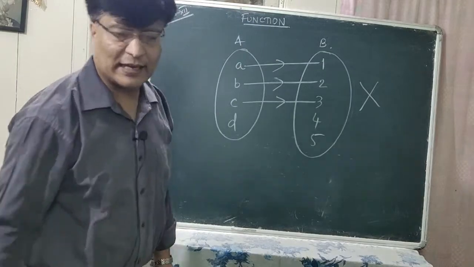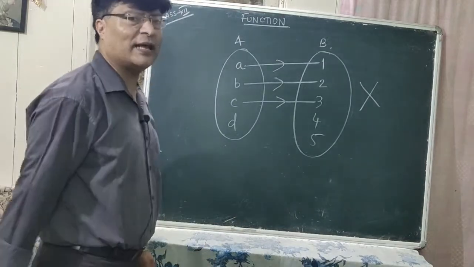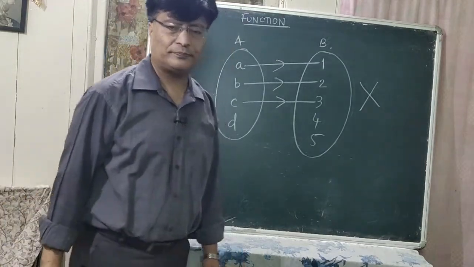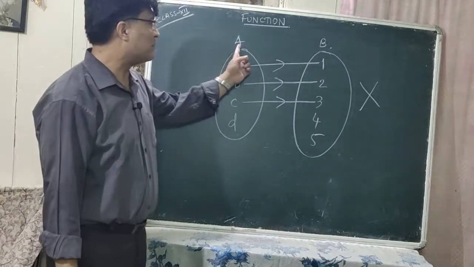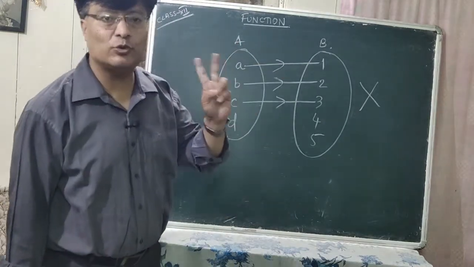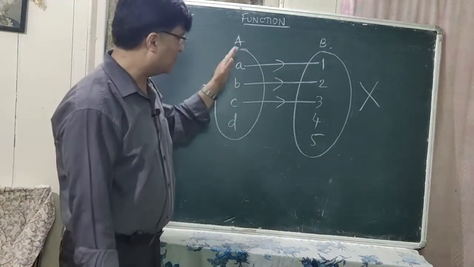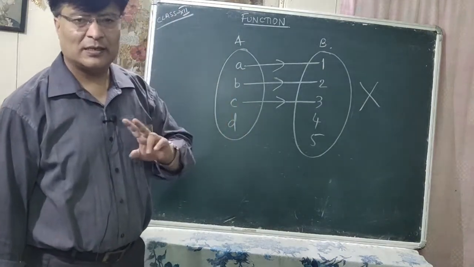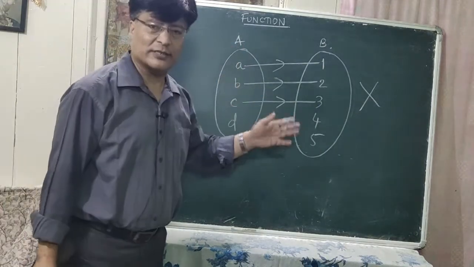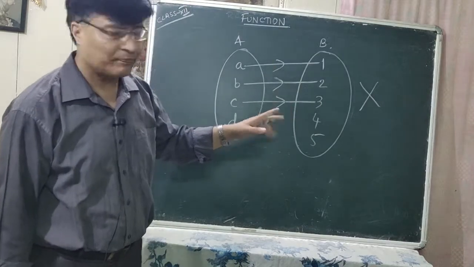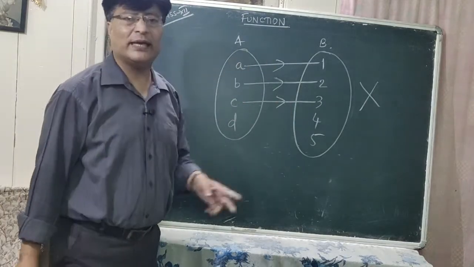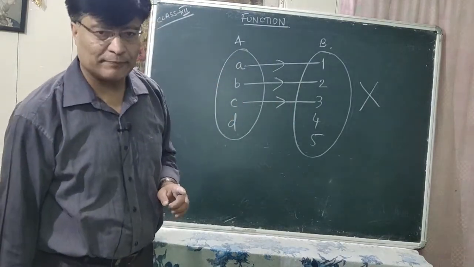So let us define a function now. How can we define a function? Let capital A and capital B be two non-empty sets. Non-empty set means there are elements in A and B; they will have elements. Let us consider A and B as two non-empty sets.